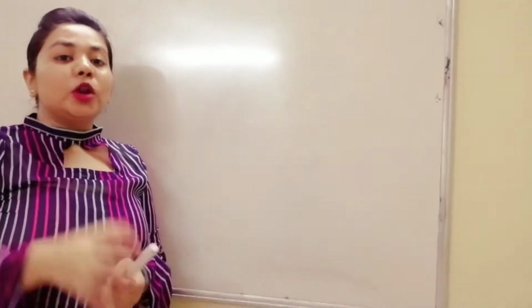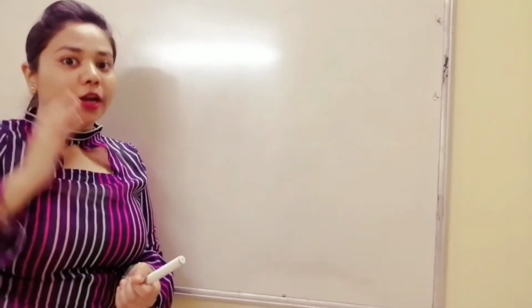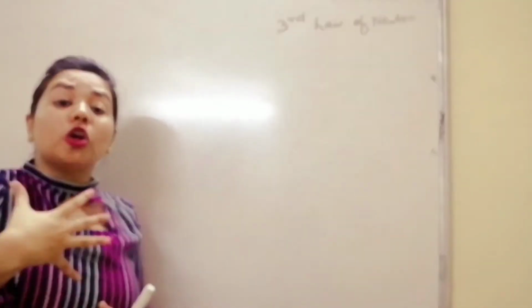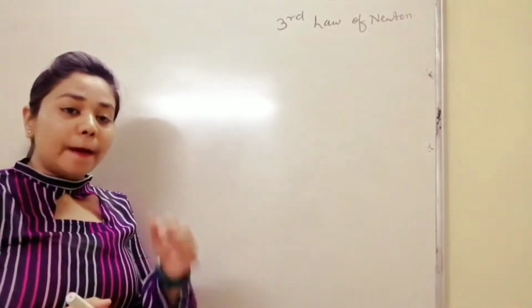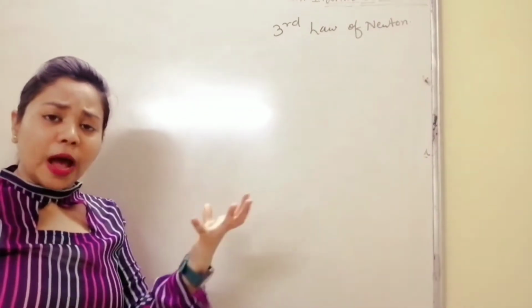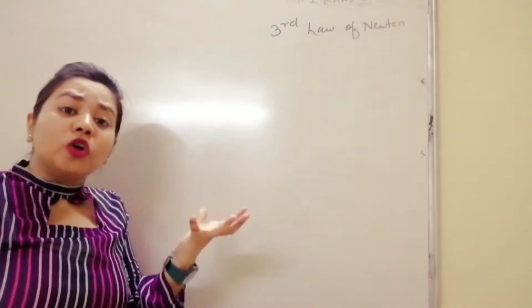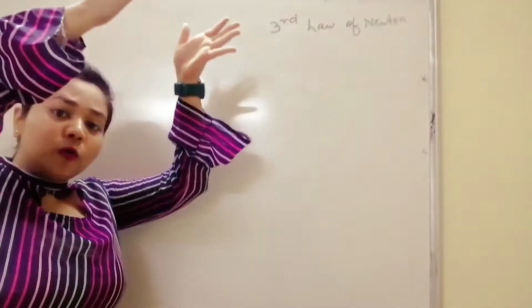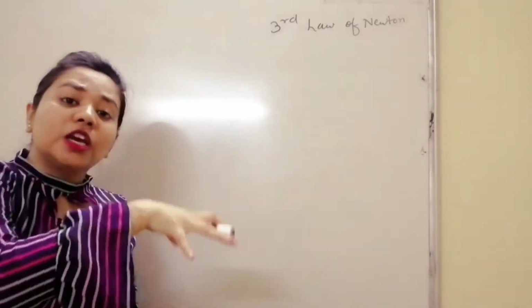Also, one example of equal and opposite reaction is a rocket launcher. What happens when a rocket launches? A rocket launch doesn't happen in a snap. It takes lots of energy. So what happens when the rocket leaves the earth's surface? It takes a tremendous amount of energy. The faster the rocket goes up, the more force it will give on the earth.